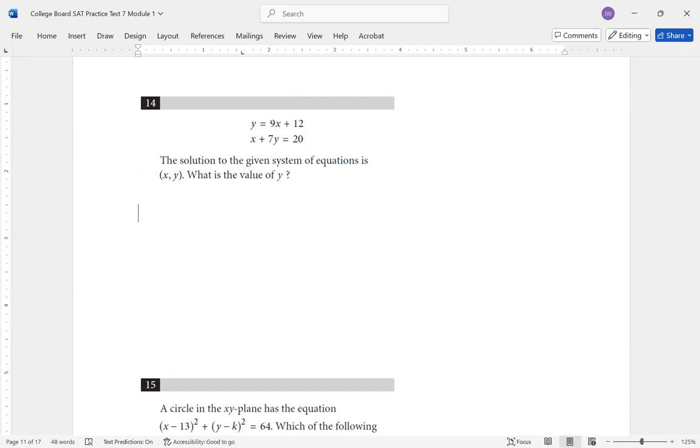So I need to solve this system of linear equations, and I'm going to do so by using the substitution method. I want you to notice that the second equation can be rewritten as x is equal to negative 7y plus 20.